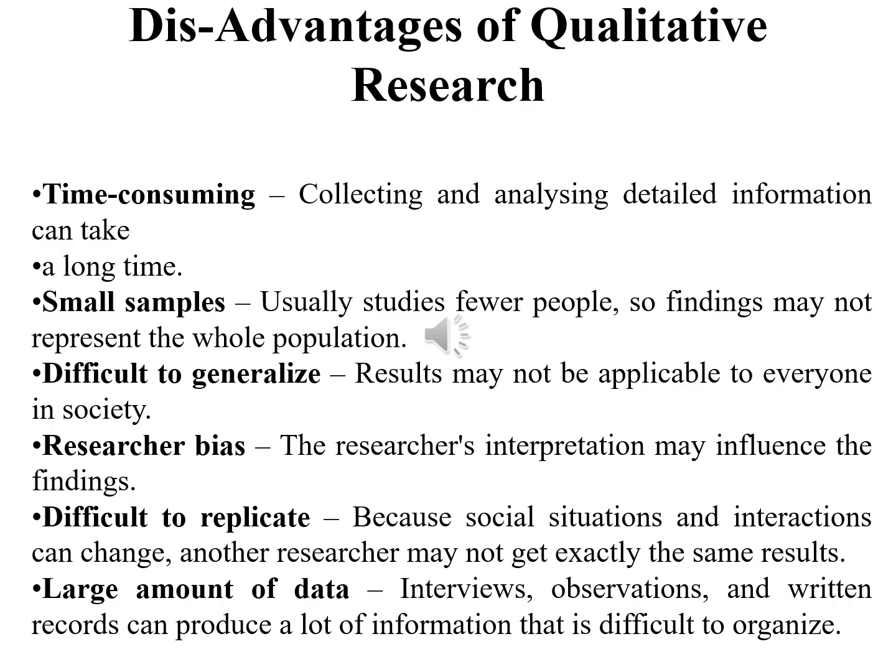For example, if a researcher is studying students' school life in 2026, and another researcher repeats the same interview several years later, the students' experience and social environment may be different. So social life changes, and exactly repeating the research can be difficult.